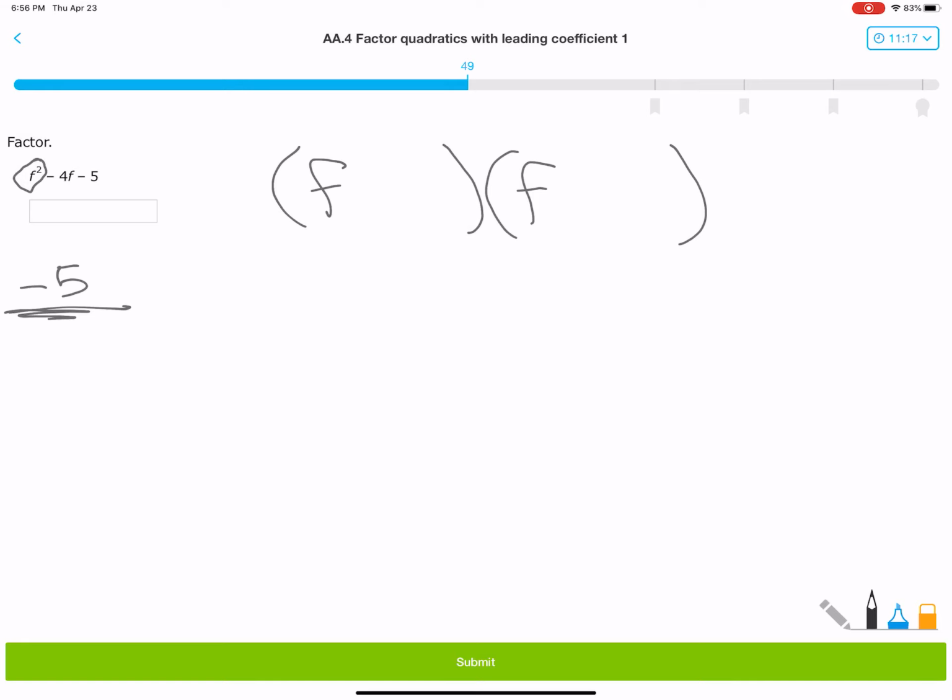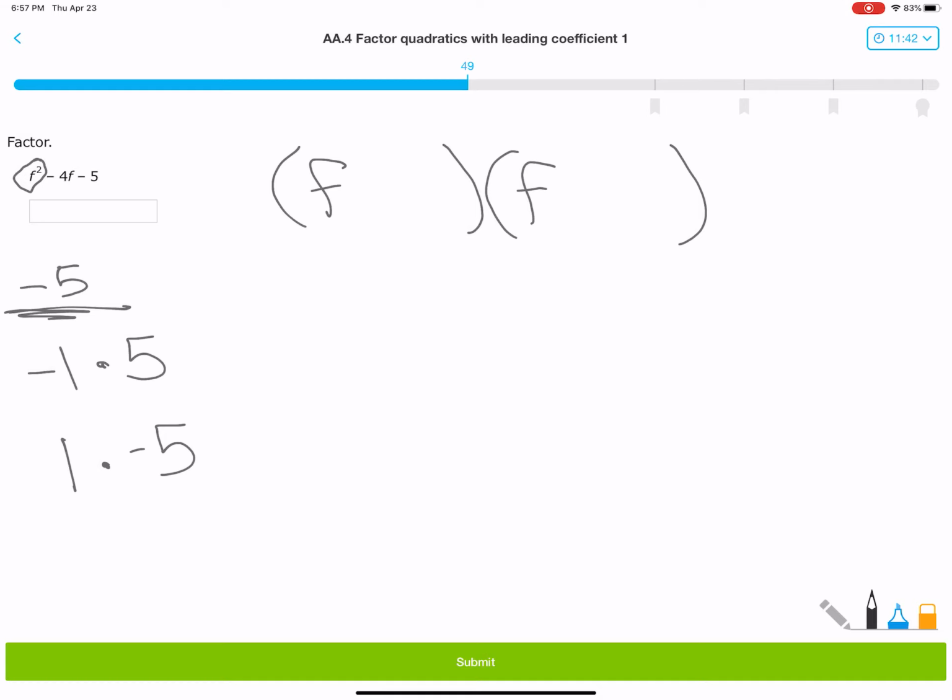And there's only one way to get a 5. But to get a negative 5, I can either say negative 1 times 5, or I can say a positive 1 and a negative 5. Both of those give me a negative 5 when I multiply.